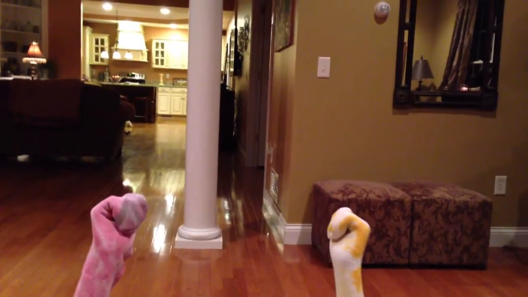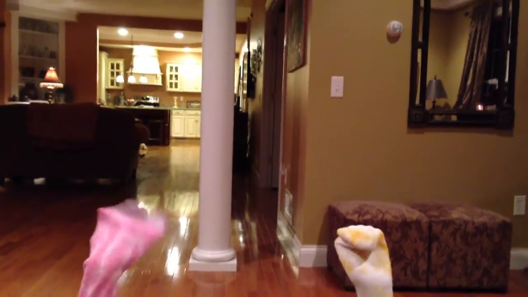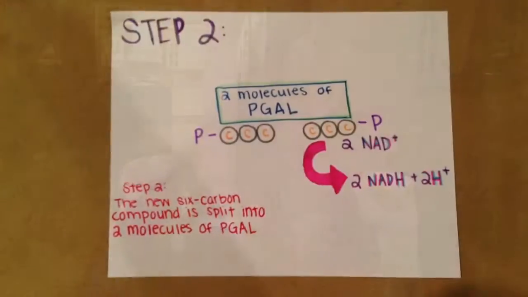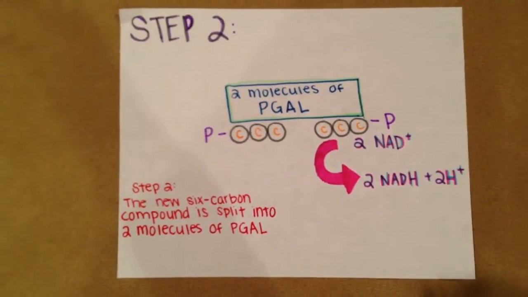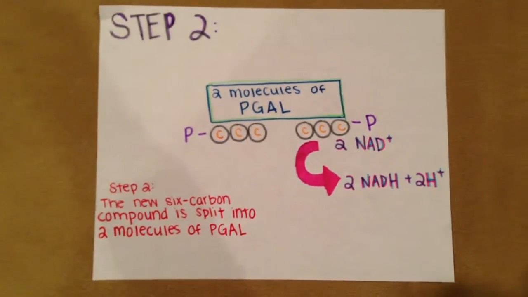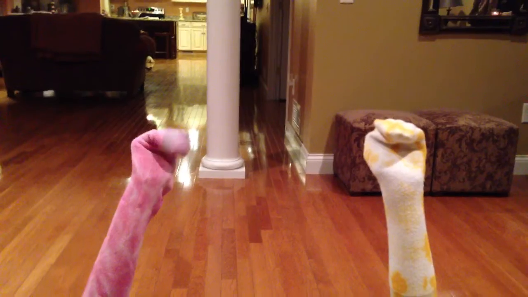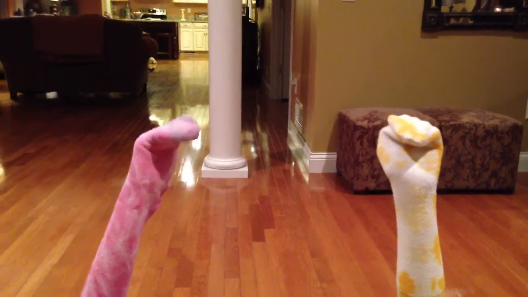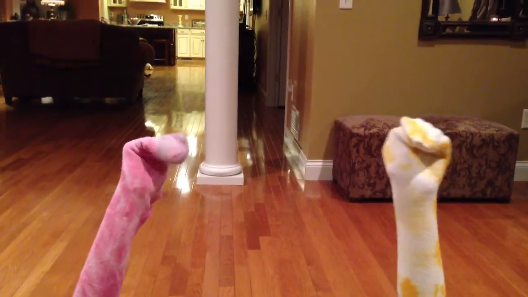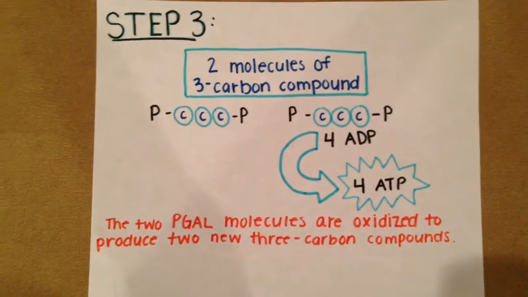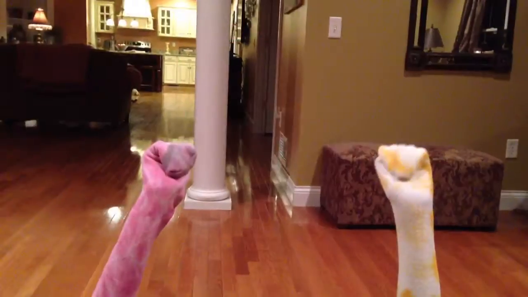Step 2. The 6-carbon compound is split into two 3-carbon molecules of PGAL. Step 3. The two PGAL molecules are oxidized to produce two new 3-carbon compounds. Step 4.